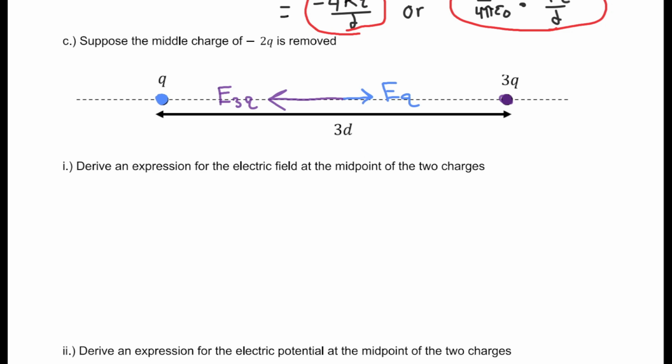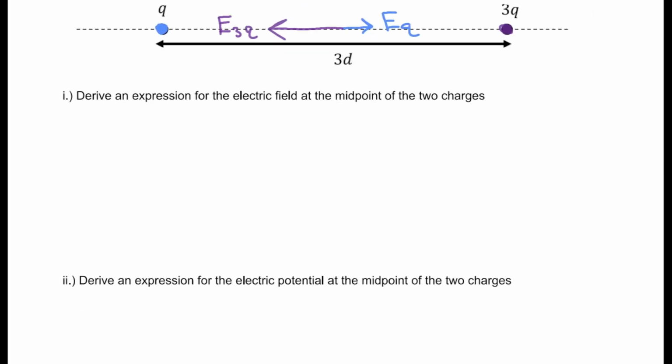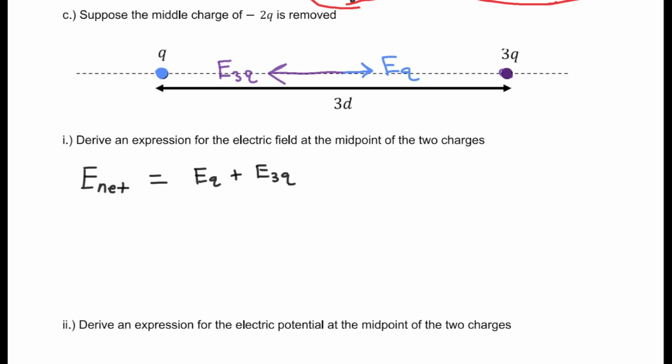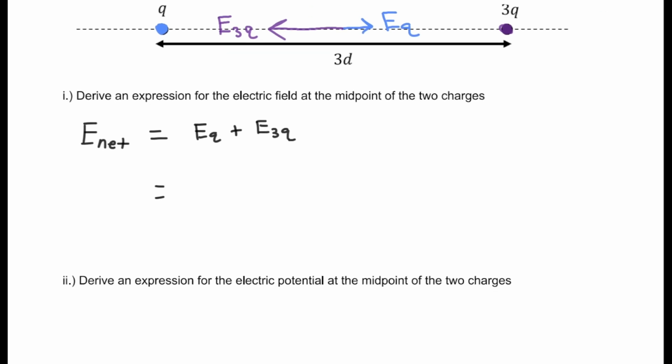So now we'll do the same thing as last time where we derive an expression. Again, anytime with vectors, we don't put sign in it. We just get the unit vector correct. So I know that my net electric field is just the vector sum of the Q and 3Q individual fields. Again, this is called superposition when we add two fields together like this to get the net.